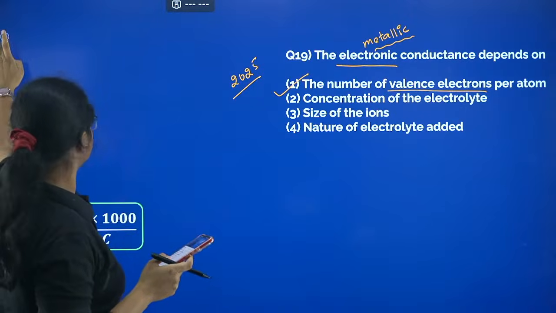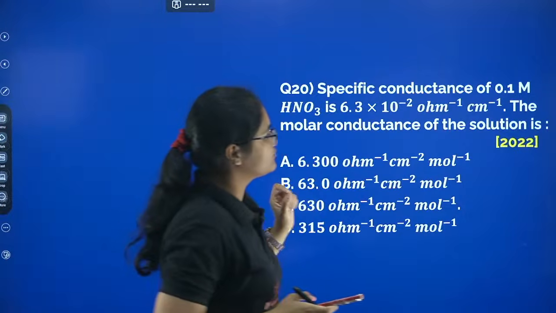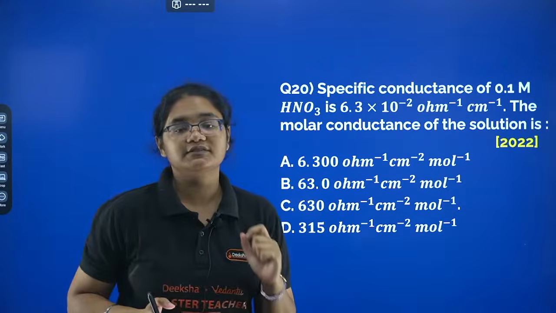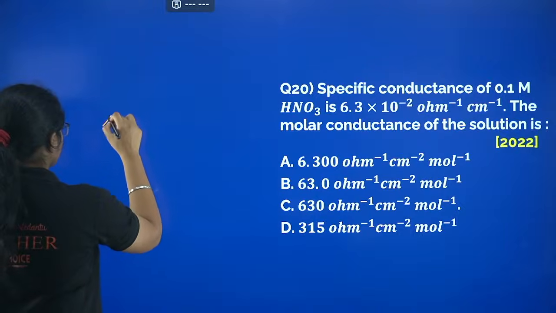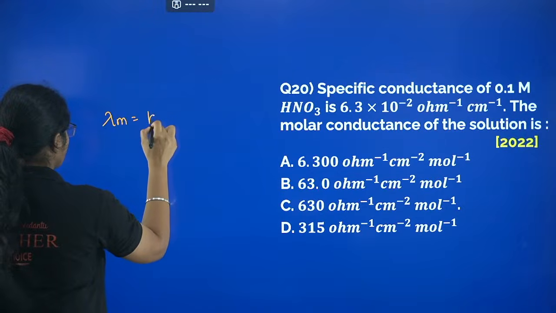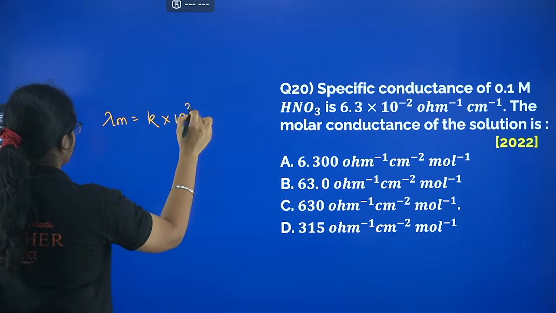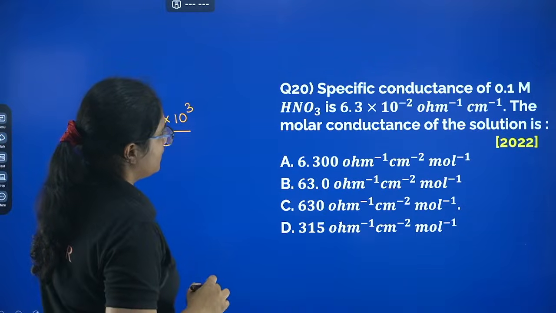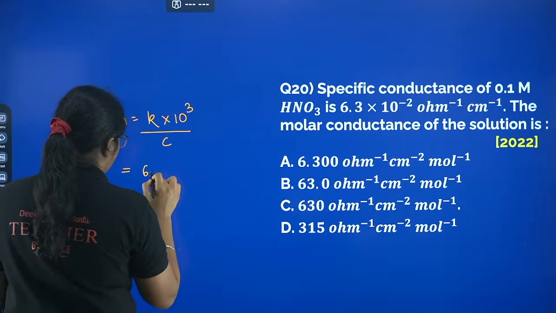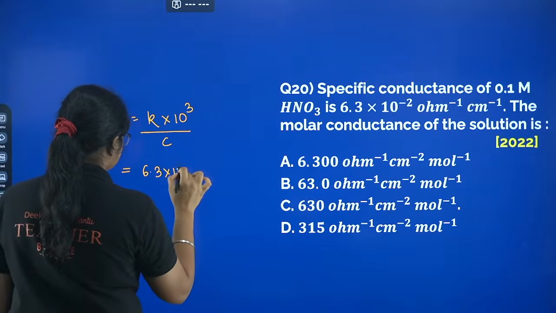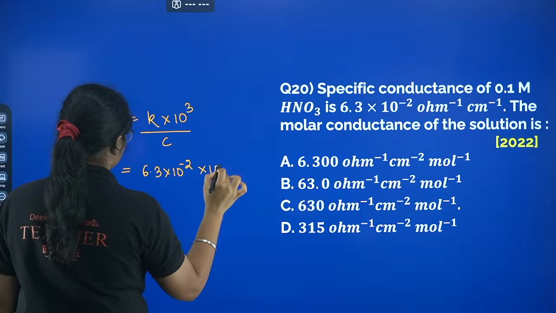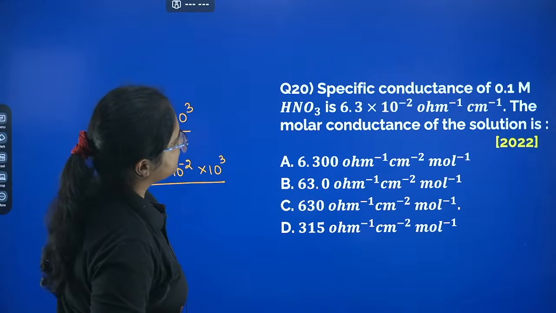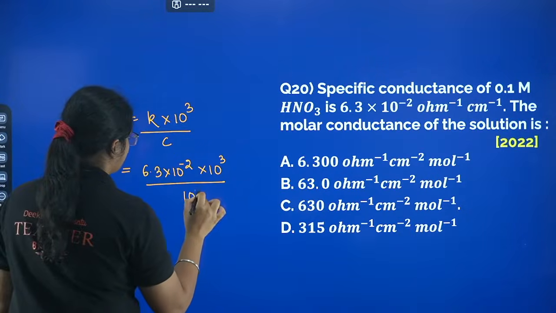Last question of the series. The specific conductance of 0.01 M HNO3 is given. The molar conductance of the solution is. Now see, the molar conductance formula is kappa into 1000 by C. Now what is the kappa value? 6.3 into 10 to the power of minus 2, then into 10 to the power of 3, whole divided by concentration, which is 10 to the power of minus 1.